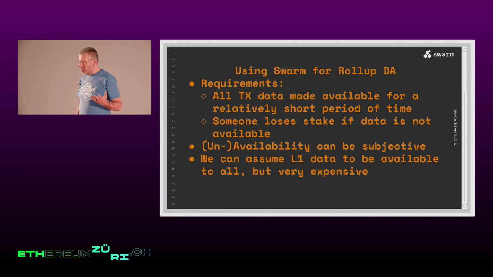So it looks like a good match. The problem is that Swarm cannot provide data availability guarantees of the kind that, for example, danksharding can, that given certain assumptions and regular sampling, you can give some number really close to 1, which is the probability that you're going to get your data back.